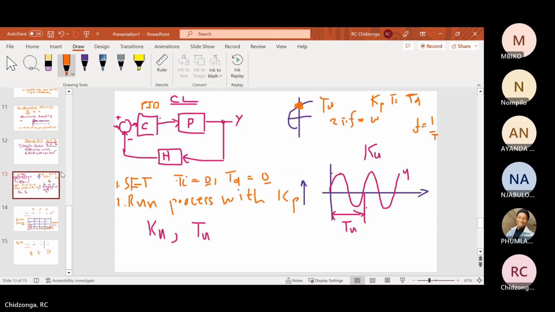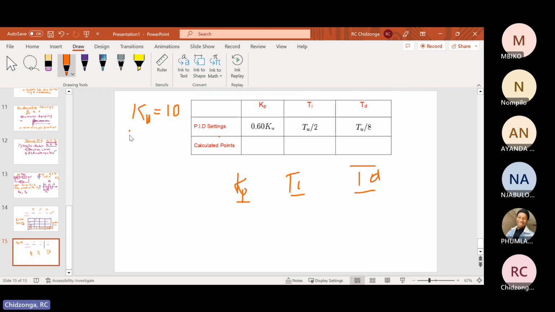Let's say that period, measured for the process, happens to be 0.5. Now I have to decide what to set the value of Kp to. What should Kp be? And what should Ti be? And what should Td be?